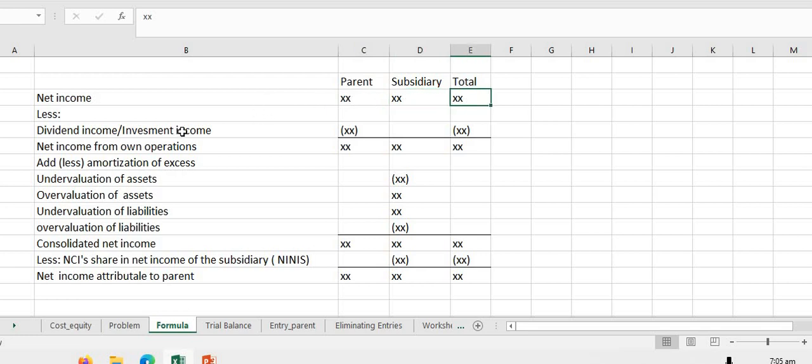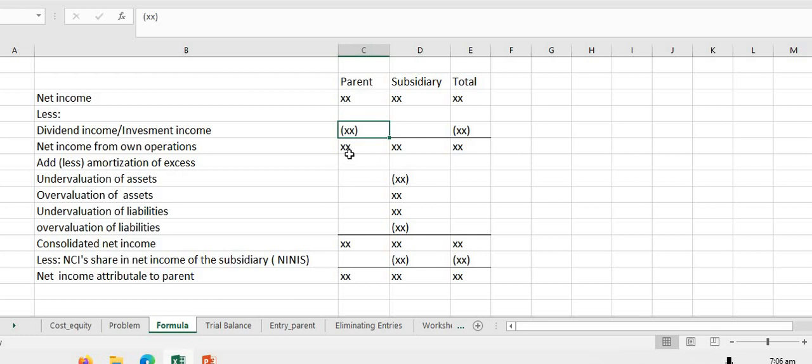From the net income of the parent, we shall deduct any dividend income and investment income from the subsidiary to determine the net income from own operations. You just remove the dividend income, because you are preparing consolidated financial statements, so you should deduct the income from the subsidiary reported by the parent.